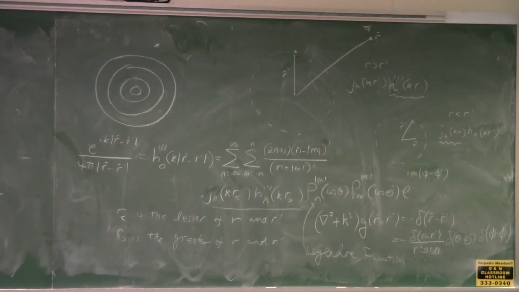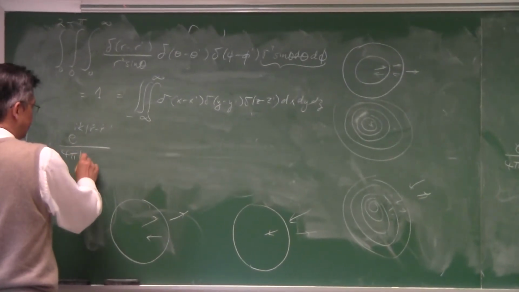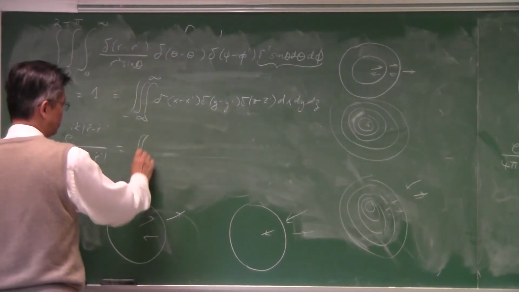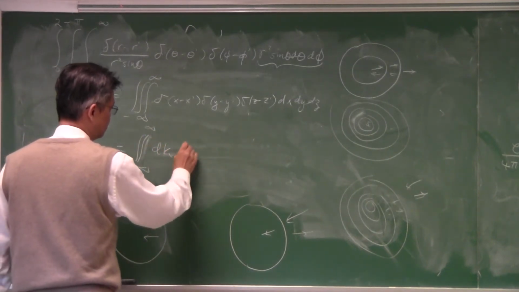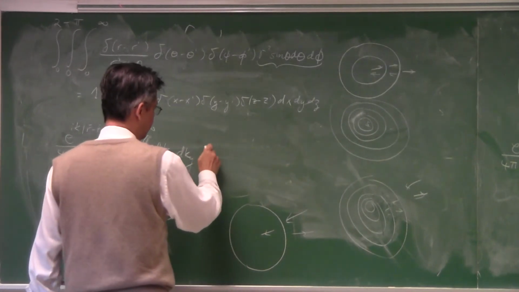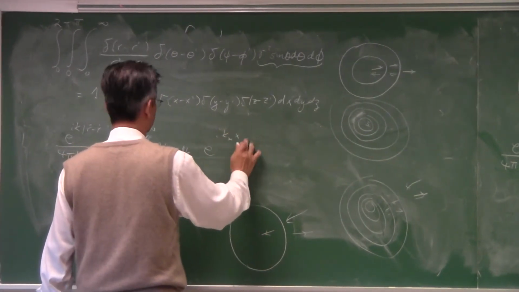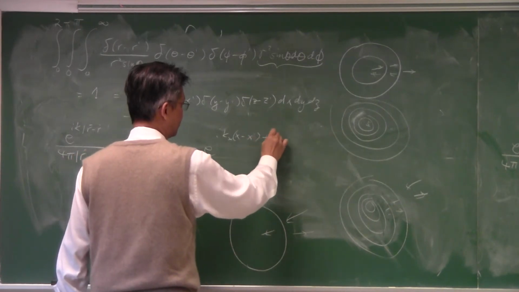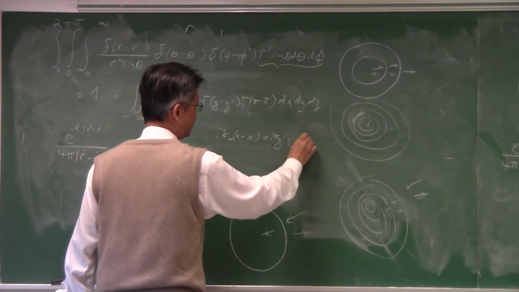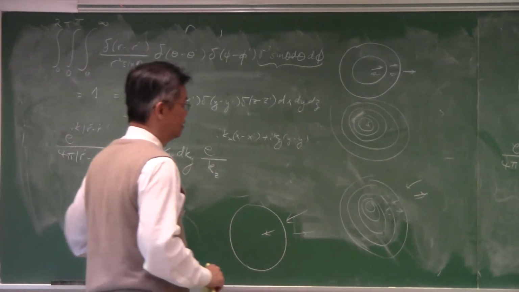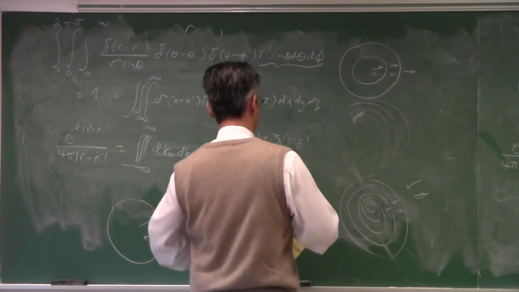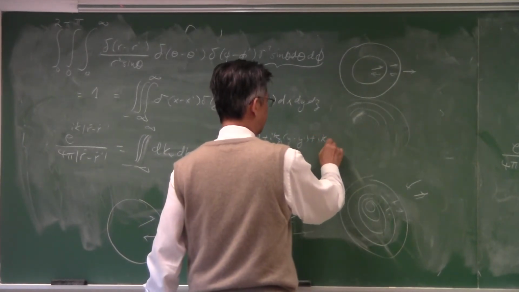If I go back to the Sommerfeld-Weyl identity, the same kind of philosophy applies in deriving this using plane wave expansion, which is just a double integral of e to the i kx times x minus x prime plus i ky times y minus y prime over kz, and then you have another term that helps with the convergence. This is the Sommerfeld-Weyl identity.